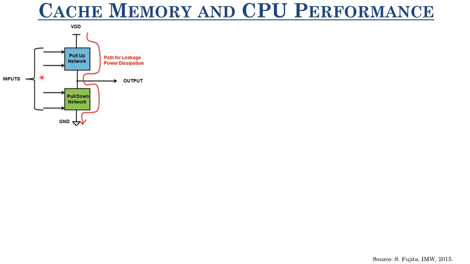However, as we discussed, the static power or the off-state leakage current is significantly large. Even your pull-down network shows you off-state leakage current, so the leakage current flows through it. So there's a path for current flowing between VDD and ground, which leads to leakage power dissipation. And we discussed that it is quite high for the advanced technology nodes which we are using right now.